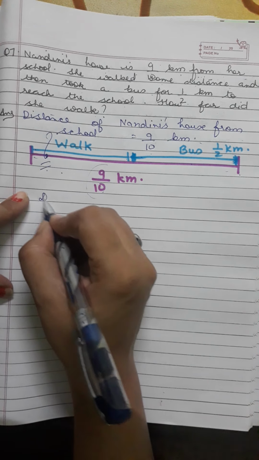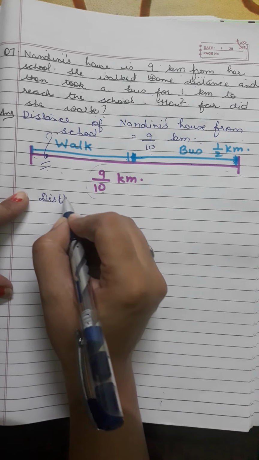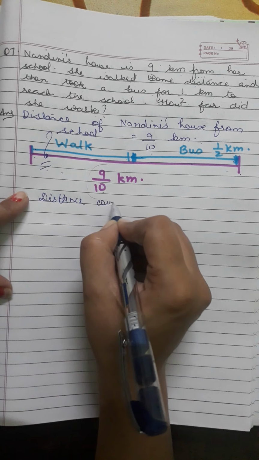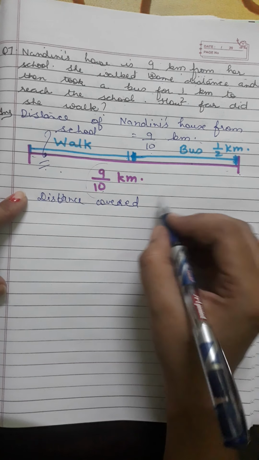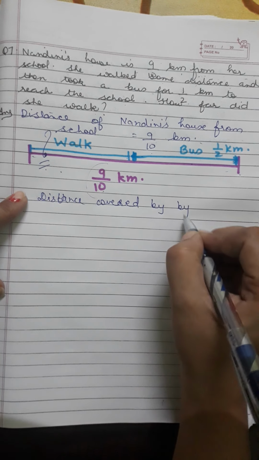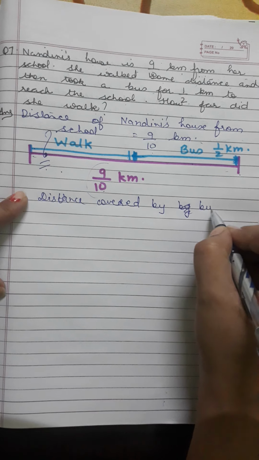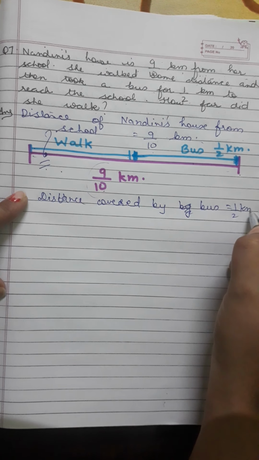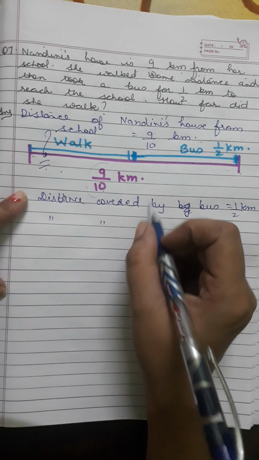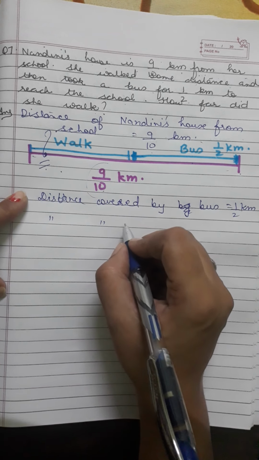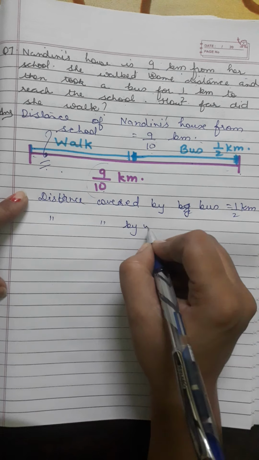So the distance covered by bus is 1 by 2 kilometers, and the distance she has walked is the distance covered by walking.